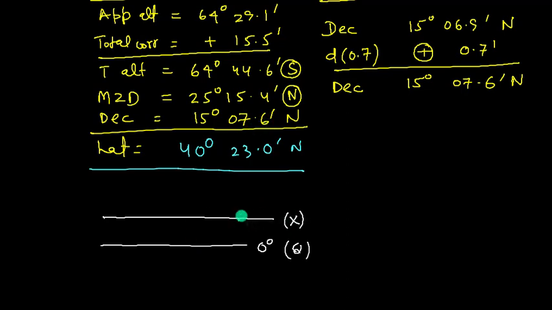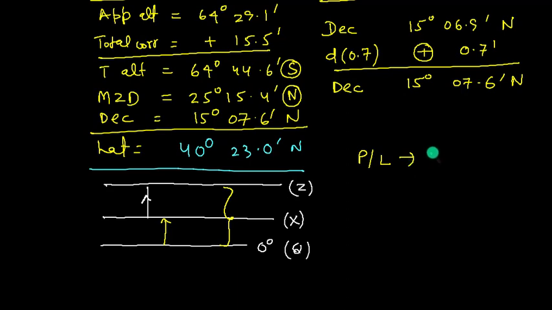So X to Z, that is also north. So the total latitude is going to be the sum of declination and meridional zenith distance. Another thing, the position line is going to be east and west, and that is the answer of this problem.